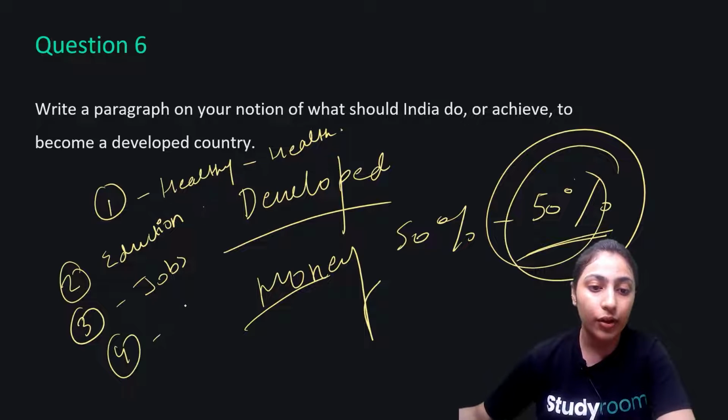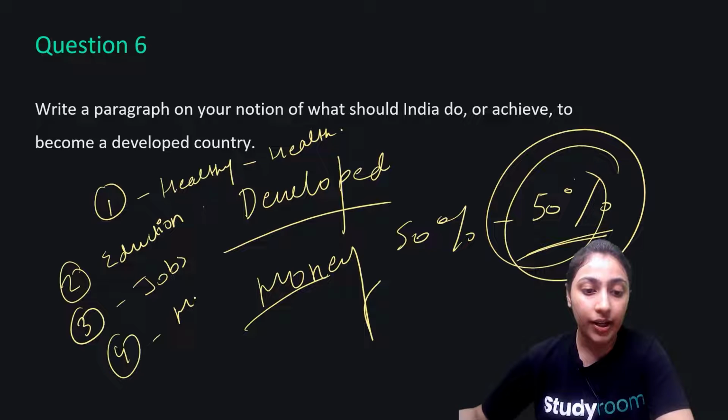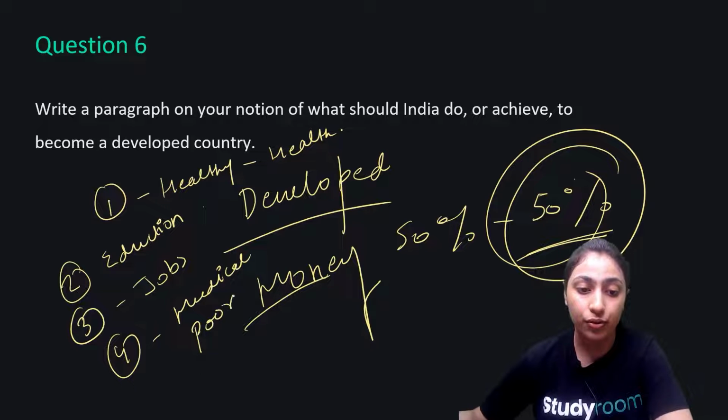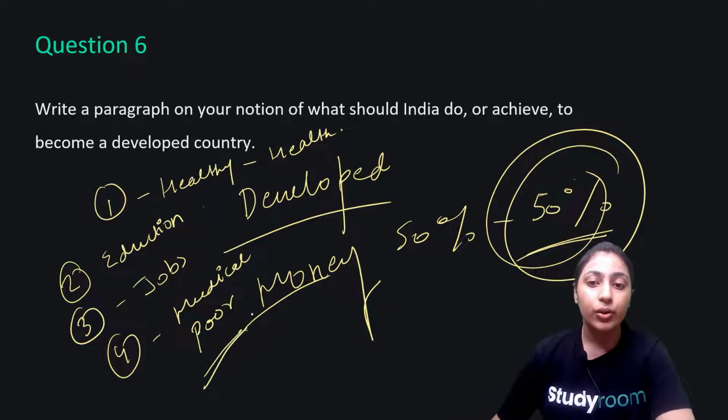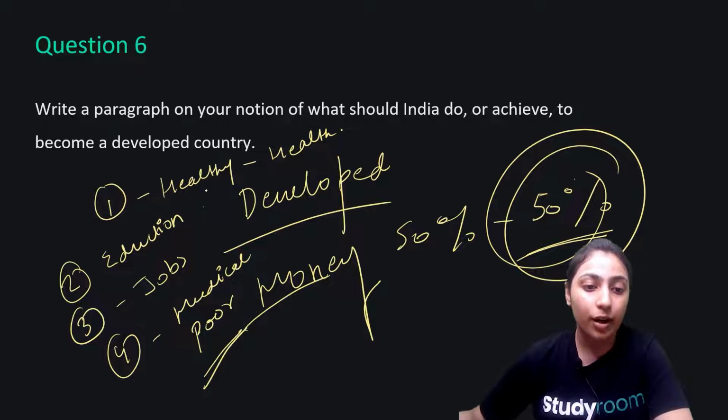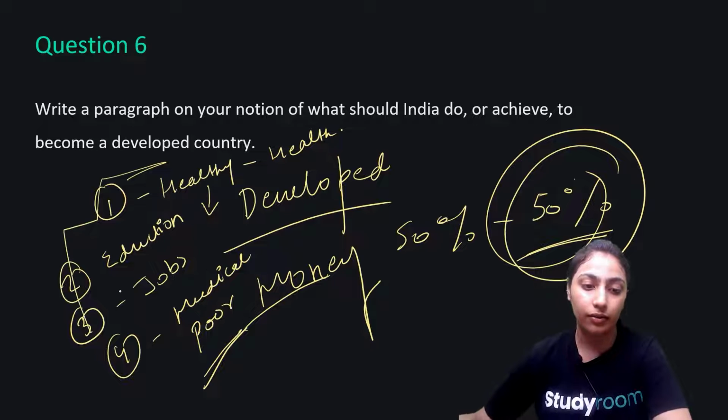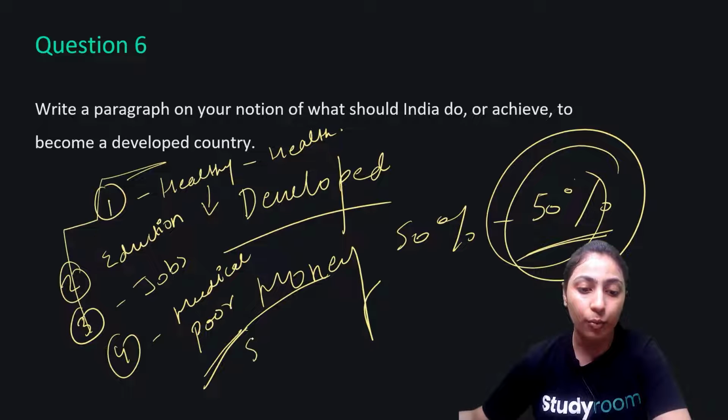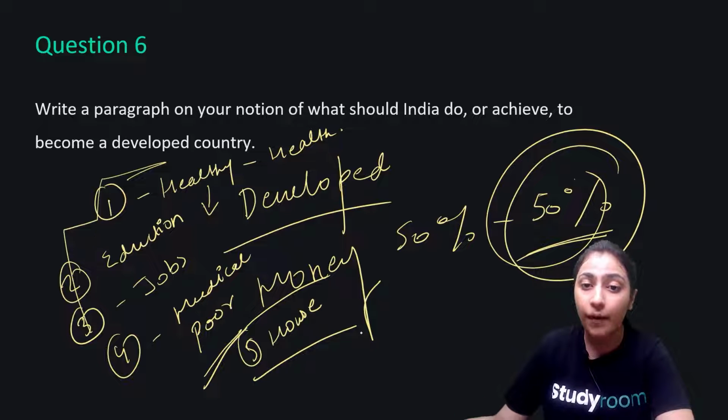Fourth, medical insurance provided to every poor person, not just the rich. Things like this you can put in a paragraph, giving some examples to explain these factors. Everyone should have proper housing. Housing is one of the most important things. Rich, poor, farmer, everyone should have a proper house to live in.